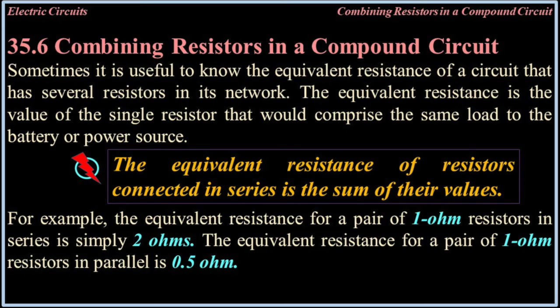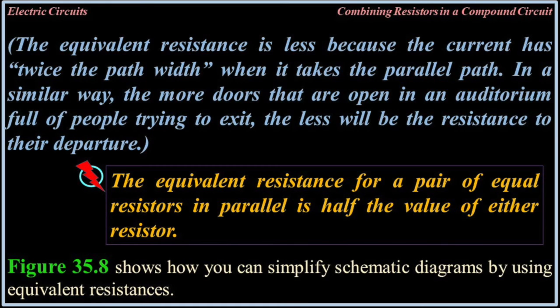For example, the equivalent resistance of a pair of 1 ohm resistors in series is simply 2 ohms. The equivalent resistance of a pair of 1 ohm resistors in parallel is 0.5 ohm. The equivalent resistance is less because the current has twice the path width when it takes the parallel path.